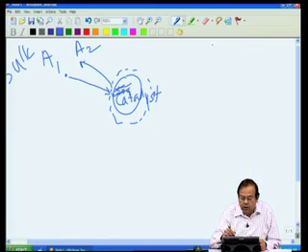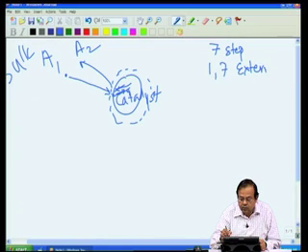So, there were a total of 7 steps that we talked about. First and 7th step, external mass transfer.